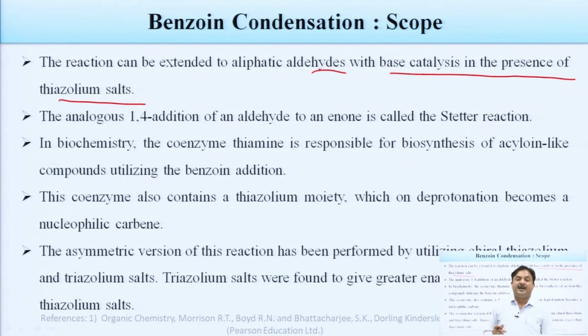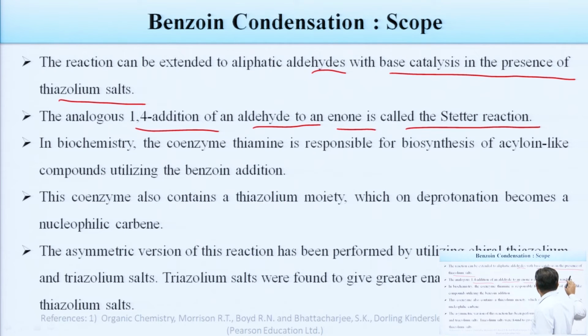As I told you at the start of the lecture, benzoin condensation basically belongs to aromatic aldehydes, but that reaction can also be extended to aliphatic aldehydes, but we have to change the reaction conditions. We have to introduce a thiazolium salt as a catalyst to extend benzoin condensation to aliphatic aldehydes. The analogous 1,4 addition of an aldehyde to an enone is called the Stetter reaction.